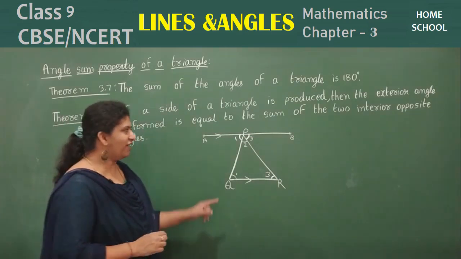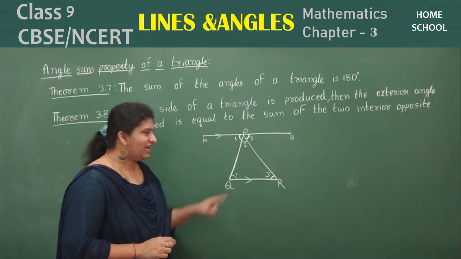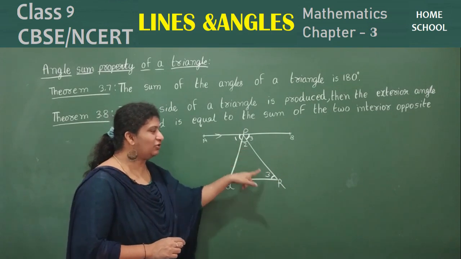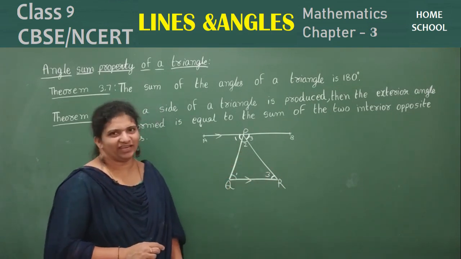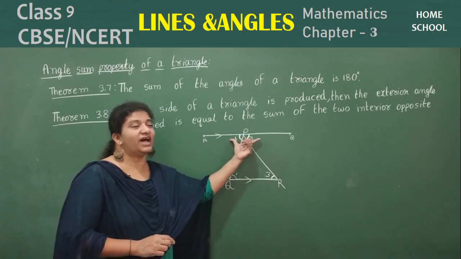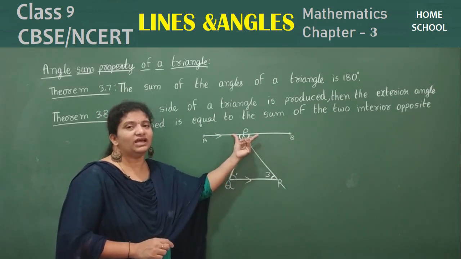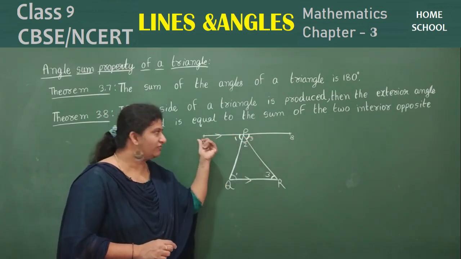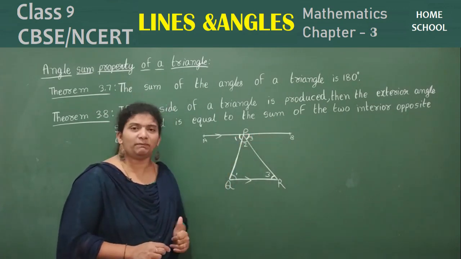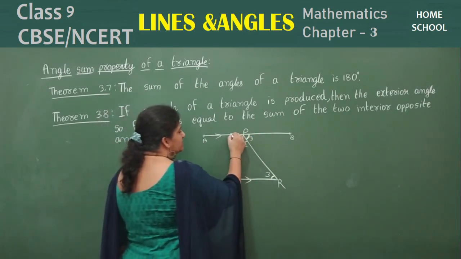Okay, so now see the triangle angles. Angle 1 plus angle 2 plus angle 3 is equal to 180. But before that, on a straight line I am saying the angles will be 180. I have drawn a line through a point P. Then what will it be?